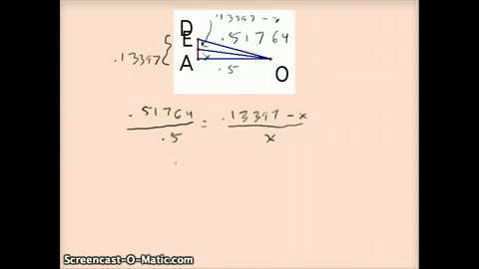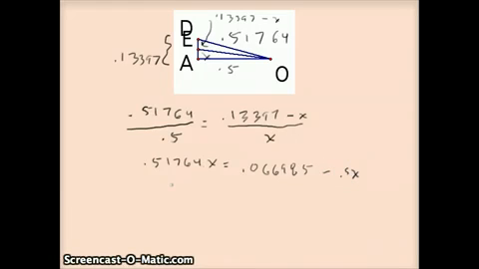When I cross multiply, I get 0.51764x equals 0.066985 minus 0.5x.